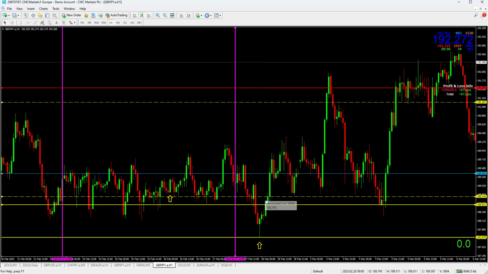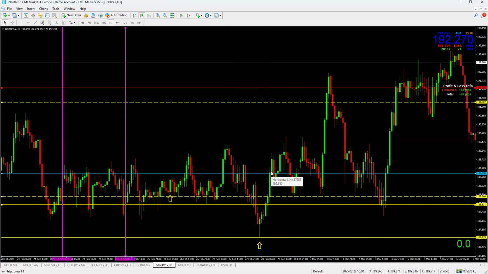Note it is not from entry, it is the 88 pips. Having got that, you now begin to use subsequent structure points or pivot points for taking profit as you go along.